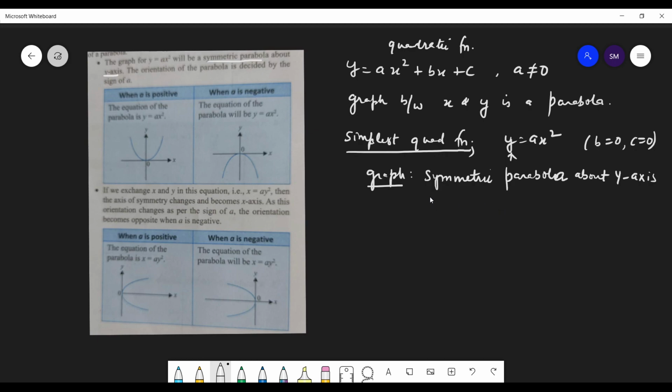Now, the second thing is whether the parabola will be upward or downward. That will depend on the sign of a. If a is positive, that is a greater than 0, then you will get an upward parabola.